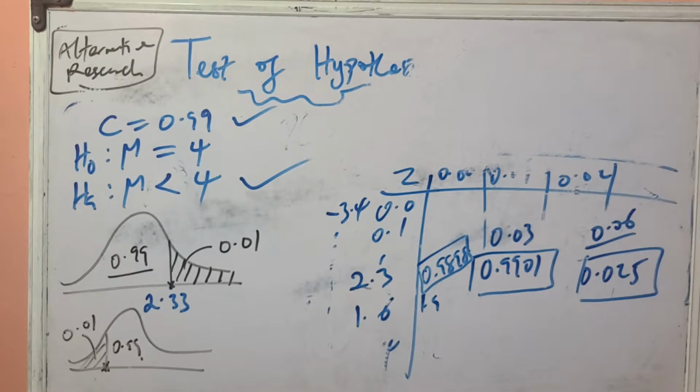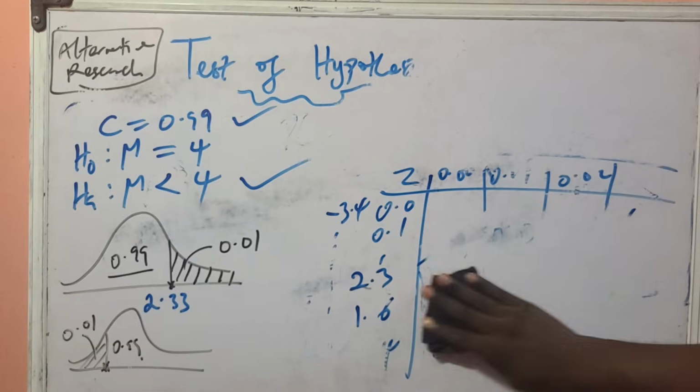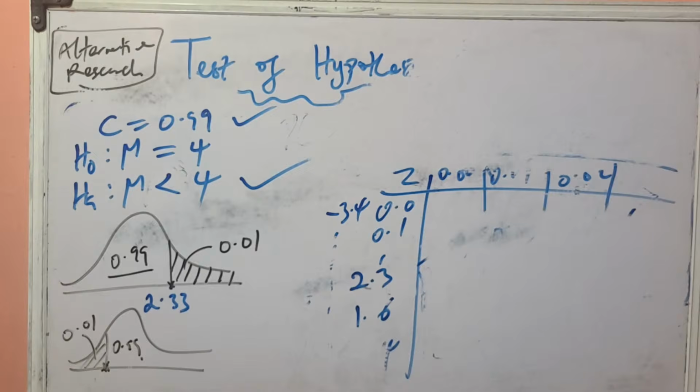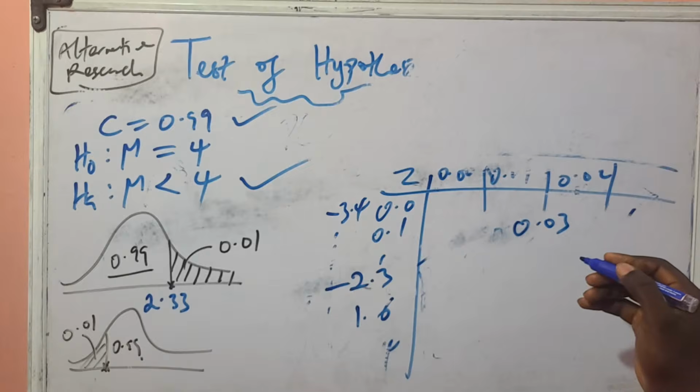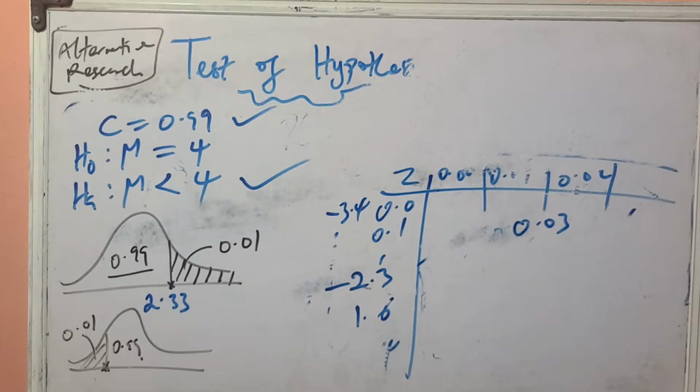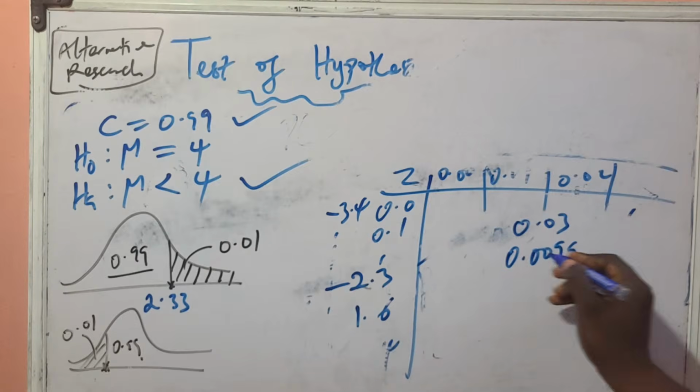If you go to your negative Z table now, you have to look for 0.01. You go under minus 2.3, under 0.03. Yeah, so you're going to see these values. So if you check minus 2.3 in your negative Z table under 0.03, you would see a value of 0.0099.